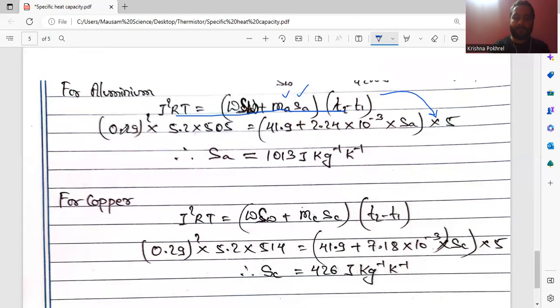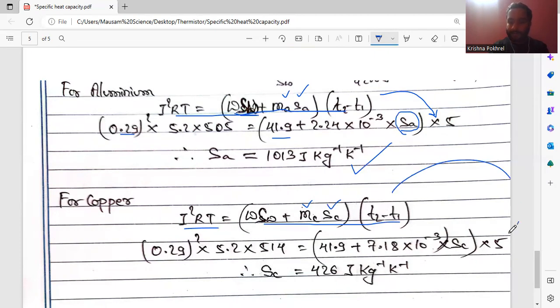Let us put the same current, 0.29. 290 milliampere means 0.29 ampere. Now the water equivalent, W·SW value, we have taken from above. Now SA is unknown. We will determine SA, the specific capacity of aluminium. Similarly for copper, you will do the same thing again and you will get the mass of copper, which we need to determine.